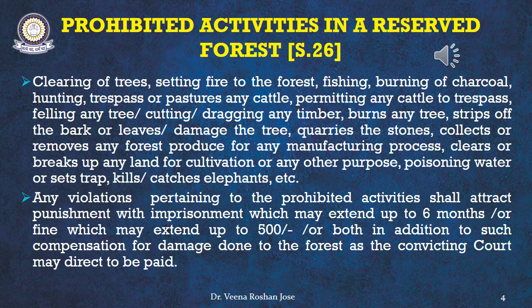A few have been mentioned here: clearing of trees, setting fire to the forest, fishing, burning of charcoal, hunting, trespass or pasturing any cattle, permitting any cattle to trespass, felling any tree, cutting, dragging any timber, burning any tree, stripping off the bark or leaves, damaging the tree, quarrying stones, collecting or removing any forest produce for any manufacturing process, clearing or breaking up any land for cultivation or any other purposes, poisoning water, or setting traps or even killing or catching elephants, etc.